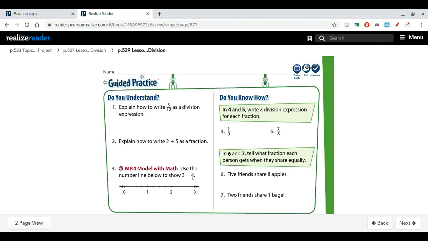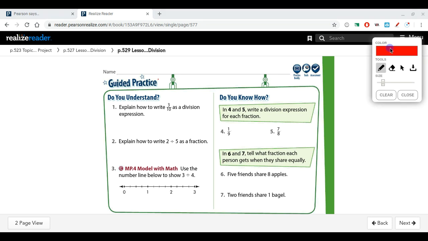So when I do this, I'm going to draw 1, 2, 3. So there's my first one. So it's going to be at the 3/4 mark, just so you know.